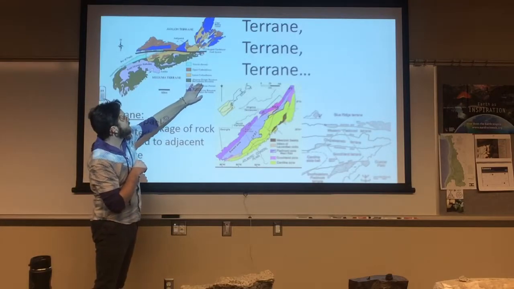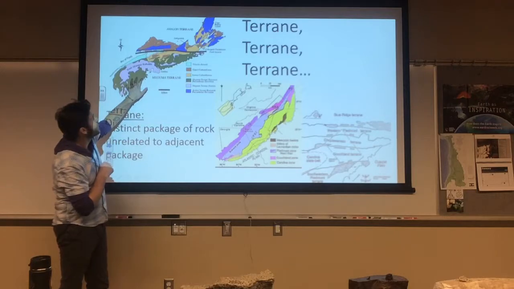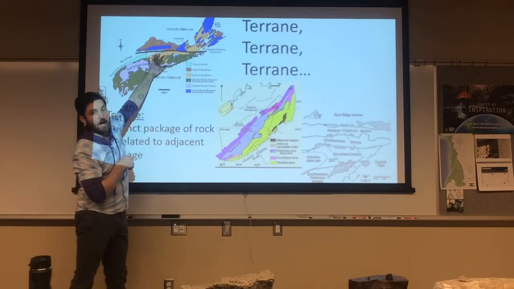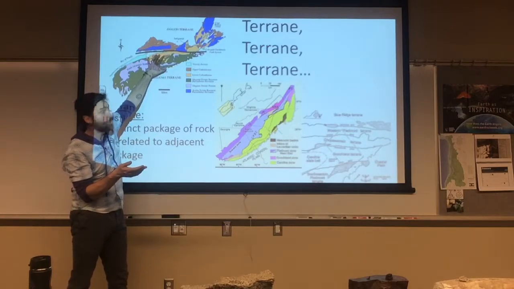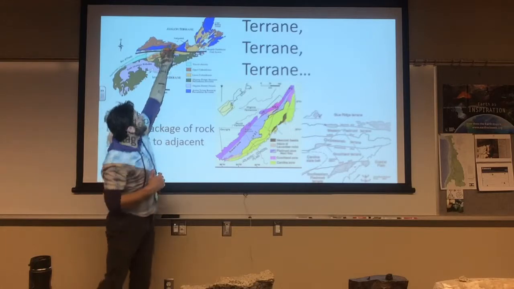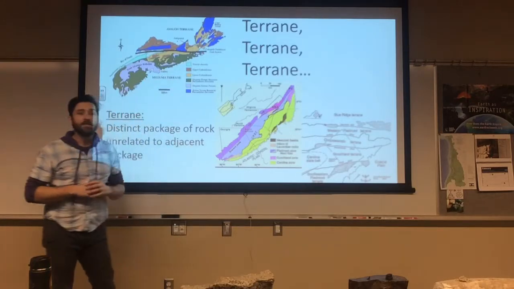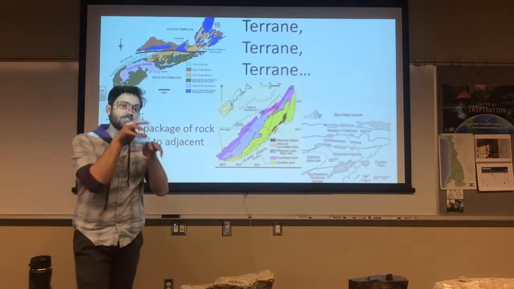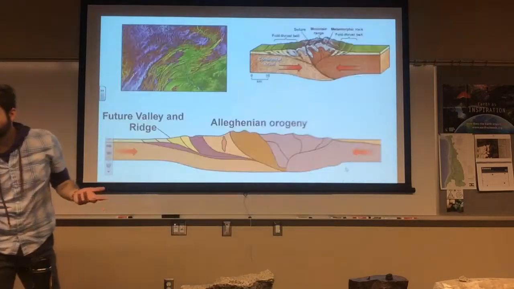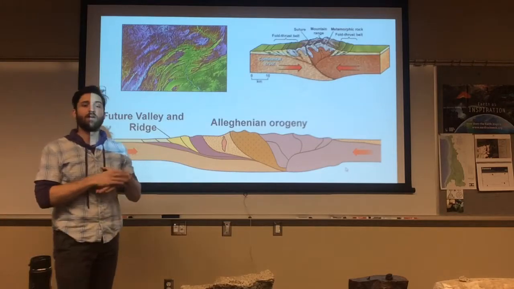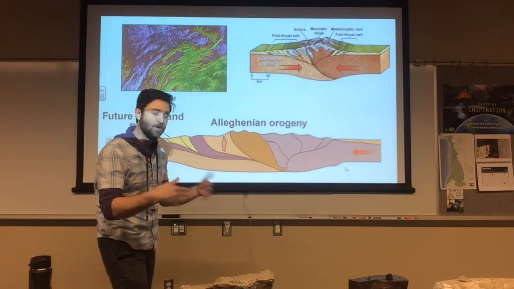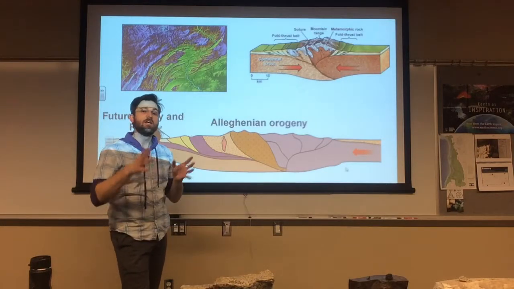Here's some Precambrian to Devonian rock here in green that are unrelated to these Carboniferous rocks, separated through time for one, but also just a very different package than that that's on the other side of this. Okay, so terranes are these distinct packages of rock. Now, what does this have to do then with Pangaea and going back to plate tectonics?